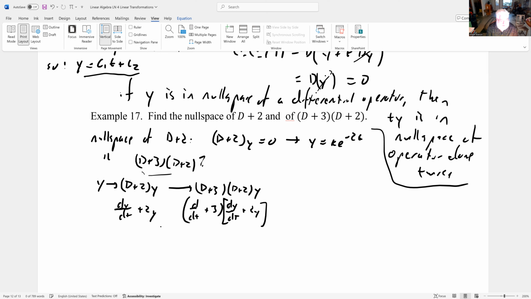And so we get d squared y dt squared plus a 2 dy dt, right? We're just basically foiling everything out. Dy dt applied to this gives me a 2 dy dt plus another 3 dy dt, which gives me a 5 dy dt, and then plus 6y. We want all this to be equal to 0.